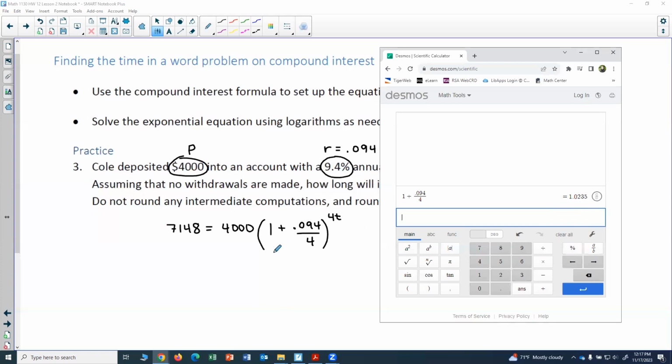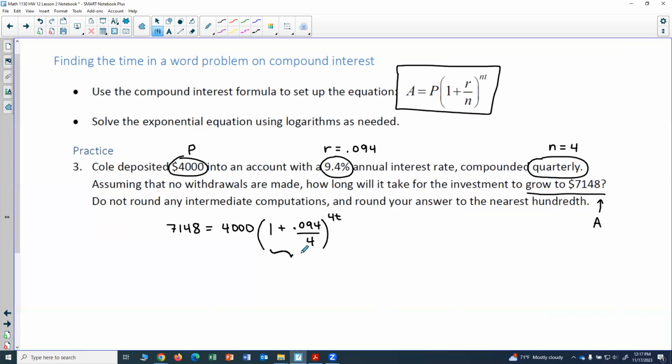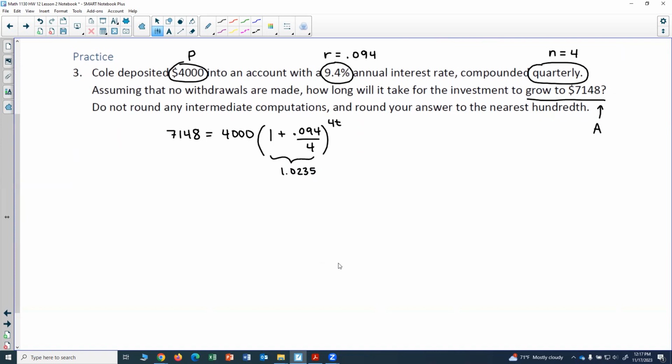So I'll rewrite this: 7,148 equals 4,000 parentheses 1.0235 to the 4t.